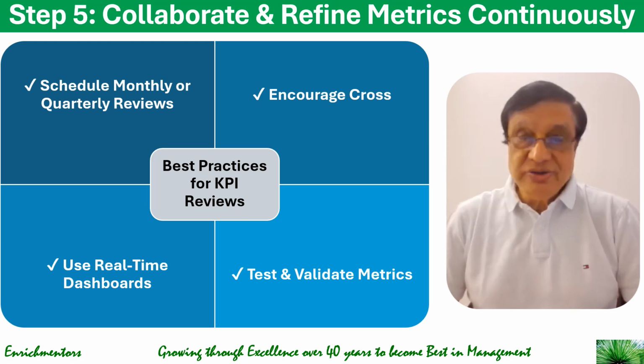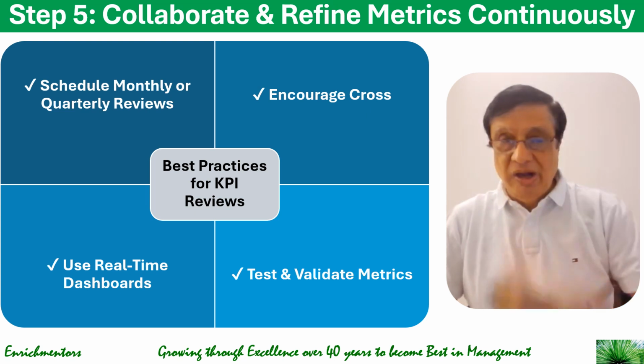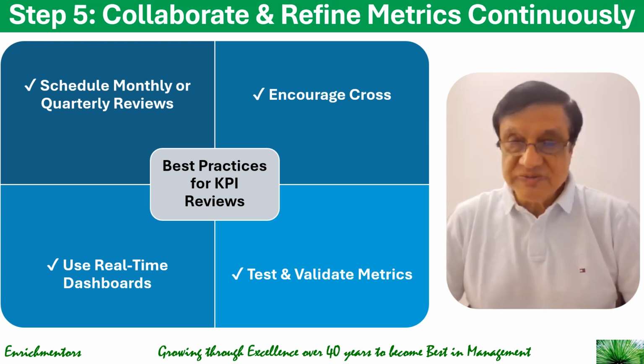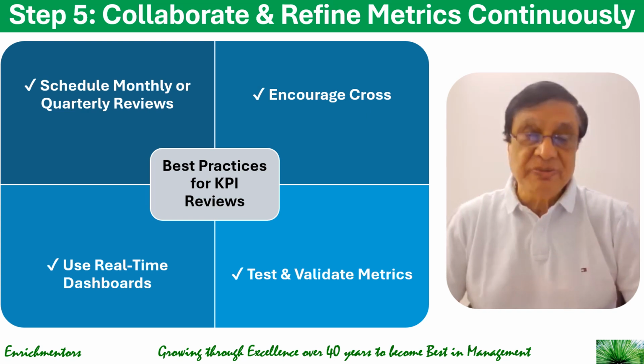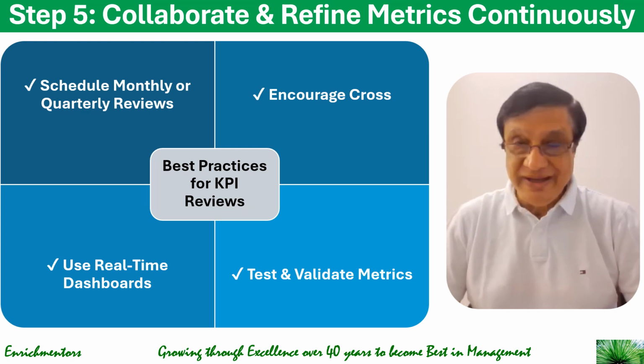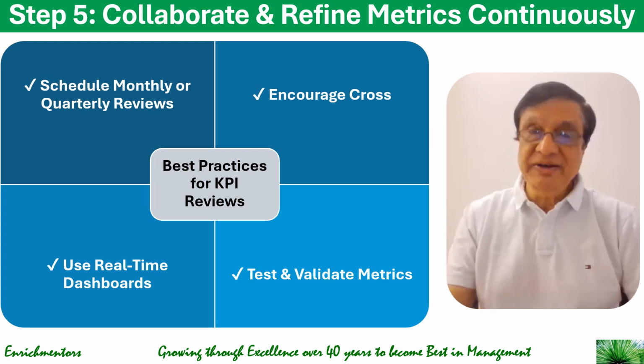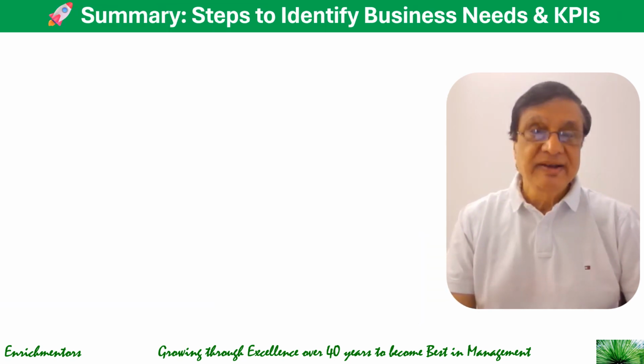How would a customer service team do this task? So customer teams will notice that reducing first response rates leads to higher customer satisfaction scores using some of these methods that we talked about. And then it knows what to do, right? So collaborate and refine metrics continuously.